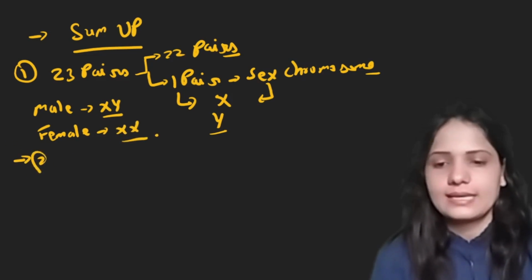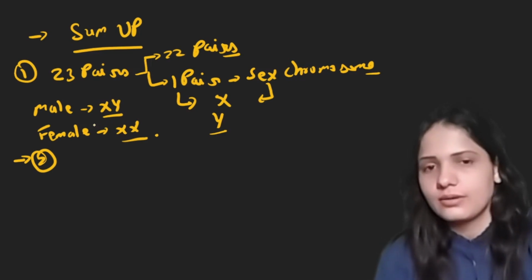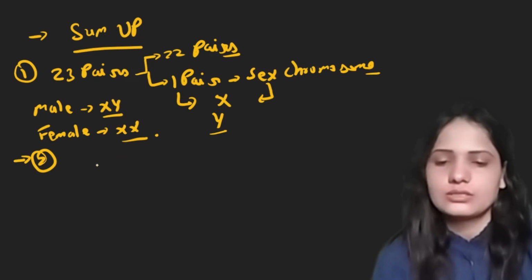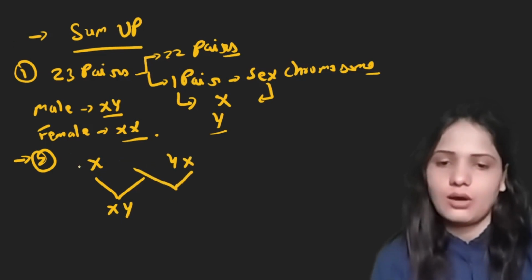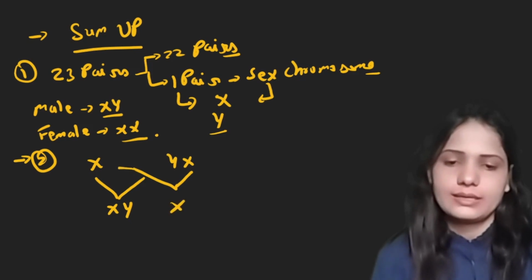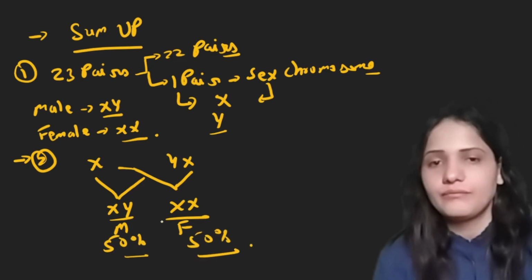Second, how this X and Y are inherited from parents to children. This is how it is inherited, XY, XX. This is male, this is female, and we have 50% chances of having a male and 50% chances of having a female child.